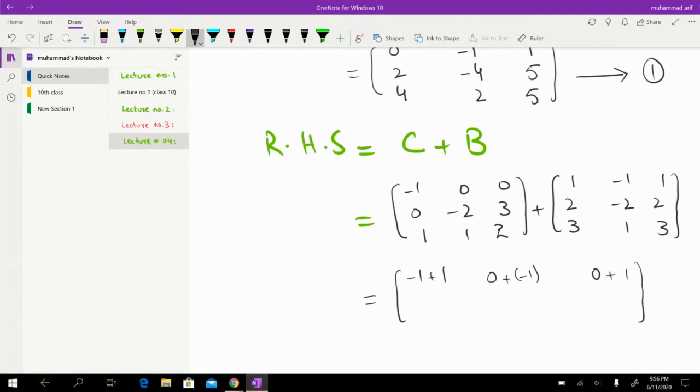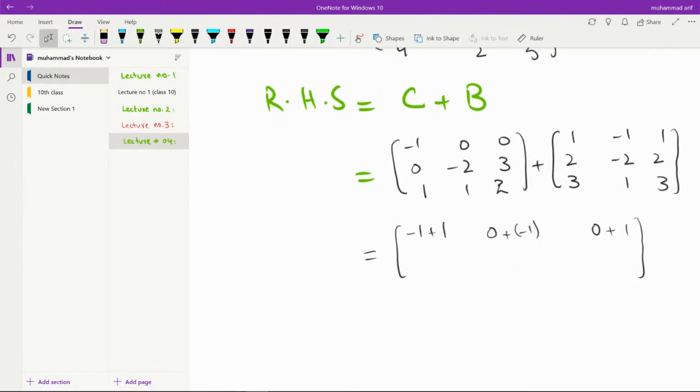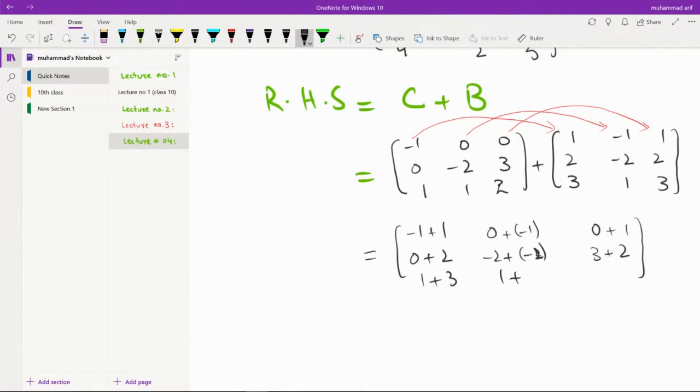means first element is added with the first element, the second element is added with the second element. Similarly, we add all these corresponding elements. 0 is added with 2, minus 2 is added in minus 2, negative 2, 3 is added in 2, 1 is added in 3, 1 is added in 1, 2 is added in 3.